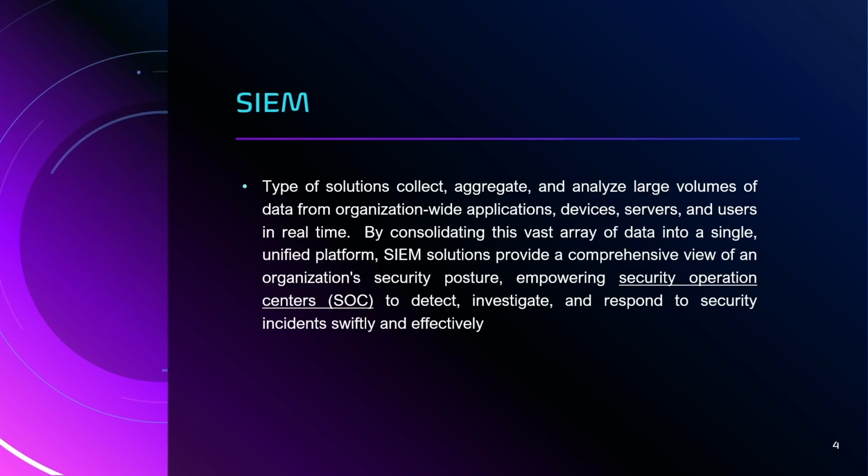And it centralizes all of these data or logs so that security teams don't need to check each system individually. So imagine that you're in a security team, then you will need to go to each resource to check their logs for any activities.